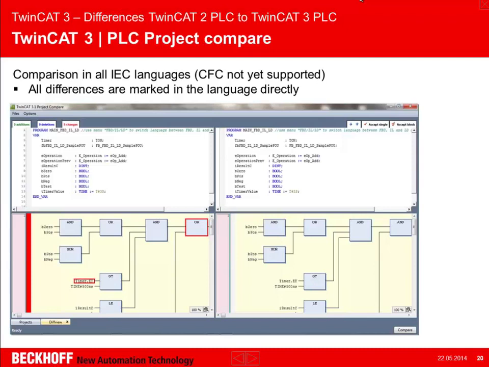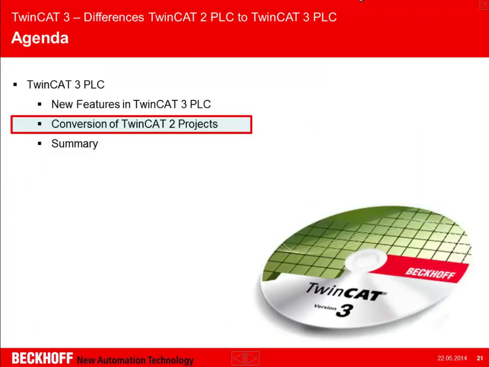The second topic in this webinar today is how to convert projects from TwinCAT 2 to TwinCAT 3. And this is very easy. You start with a new project and choose the option to load a project from a TwinCAT 2 version.